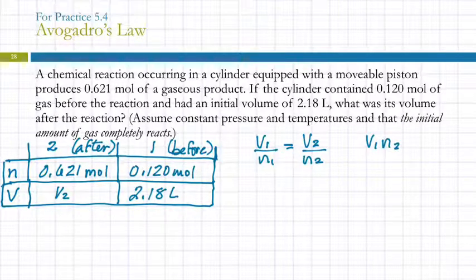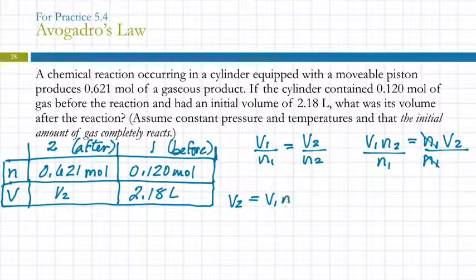V1 N2 equals N1 V2. What am I trying to find? I'm trying to find V2. So I'm going to divide this side by N1, and I'm going to divide this side by N1, and those are going to cancel out. So V2 equals V1 N2 over N1.